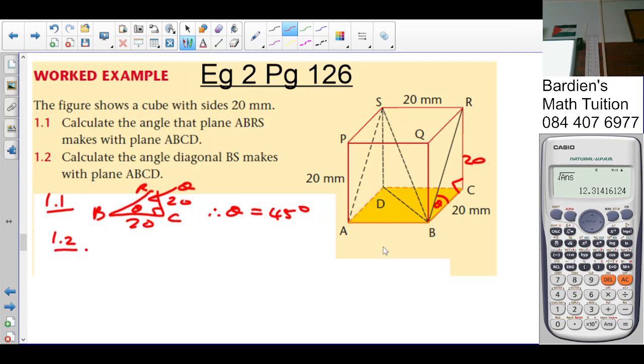In question 1.2, they ask you to calculate the angle the diagonal BS makes with plane ABCD. So in other words, they want you to work out this angle. Let's call that angle beta for now. Okay? If we look at this triangle here, a triangle is formed.